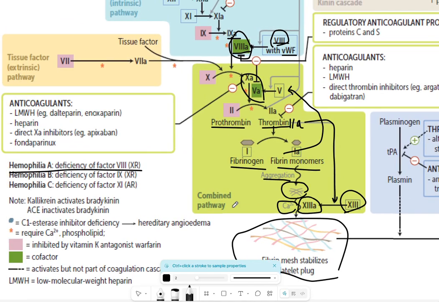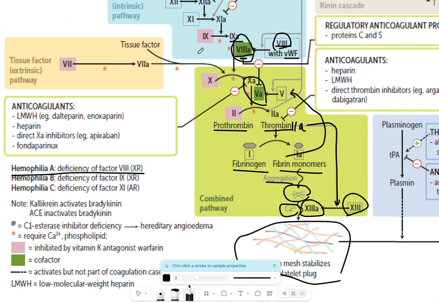Another thing that I'm going to mention here now is we said that there's a factor 8 deficiency, which is hemophilia A, right?